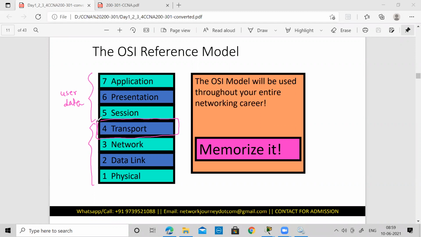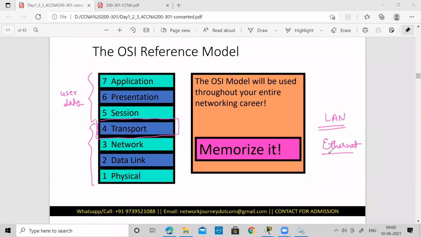What do I mean by breaking the file? If I am sending a file of 2 GB or 4 GB, and my underlying network technology is Ethernet, we say that we are on a LAN, a local area network, connected with Ethernet technology.